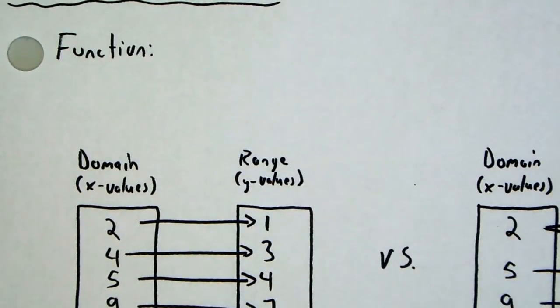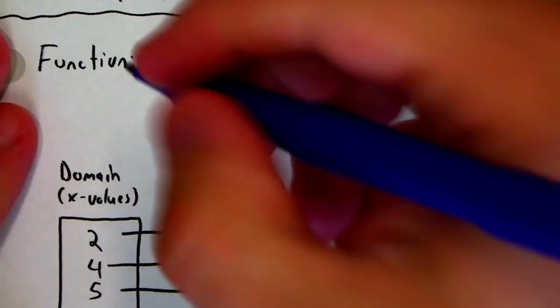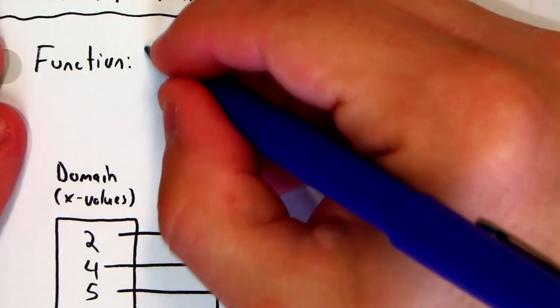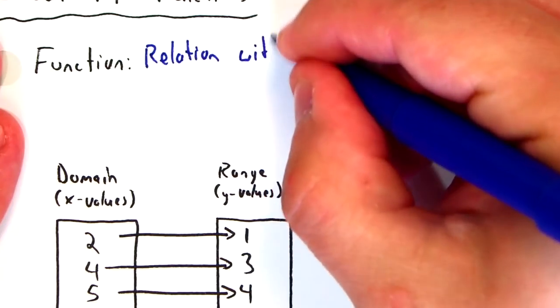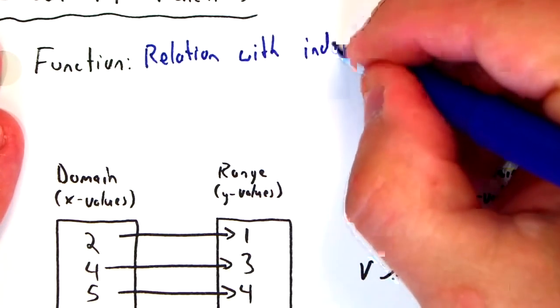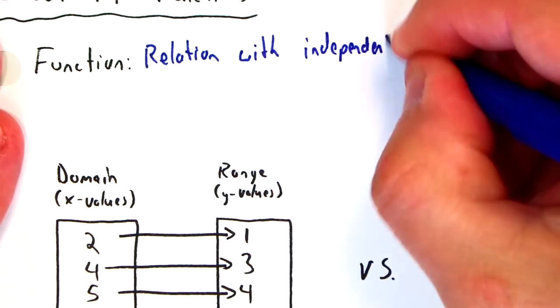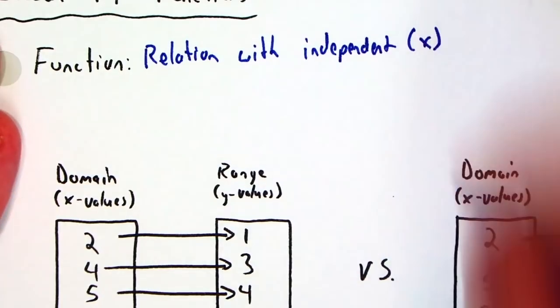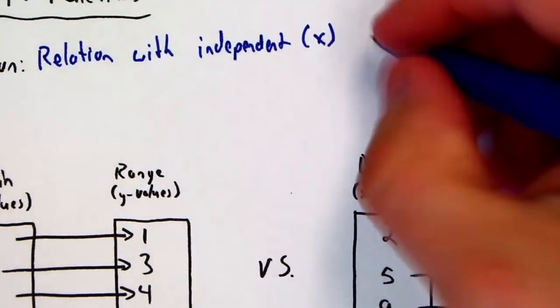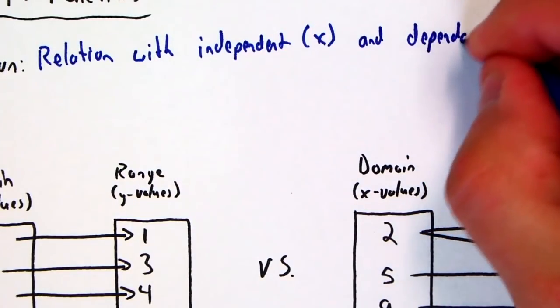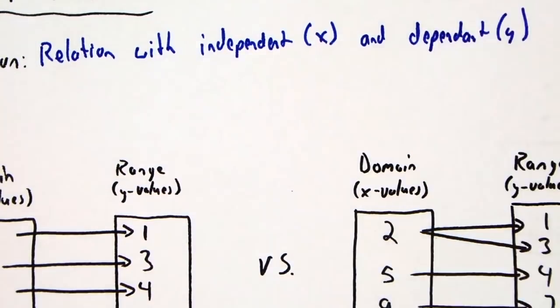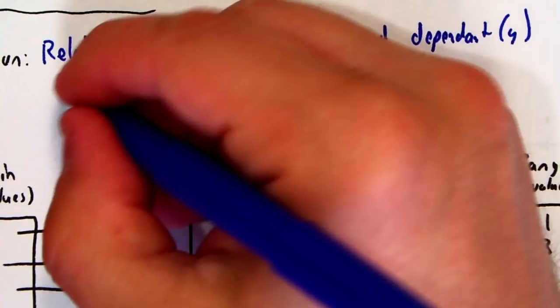So a function is dealing with a relation with independent variables, which would be x values, and dependent variables, which are y values.